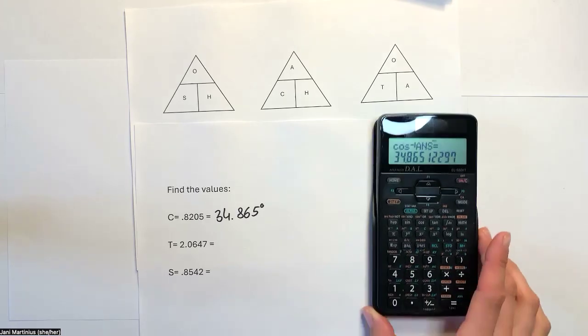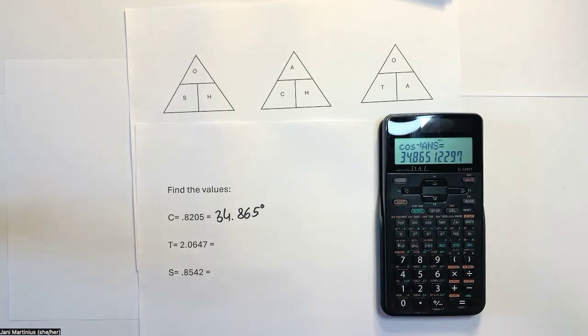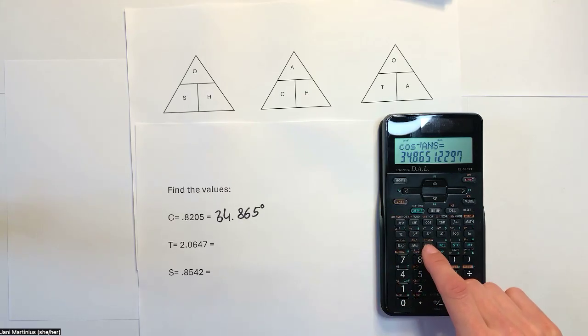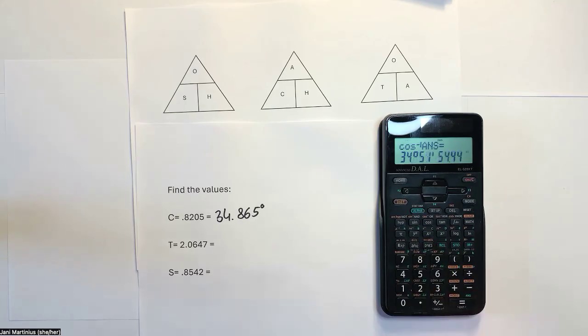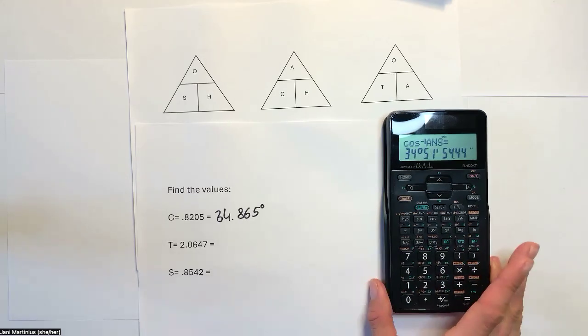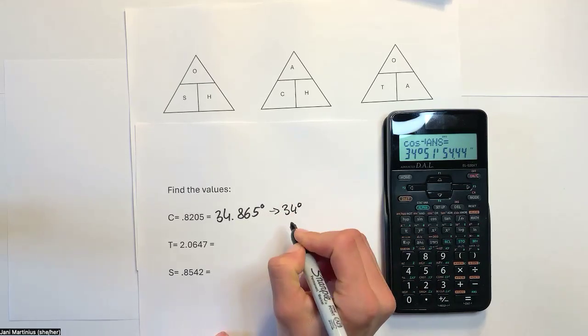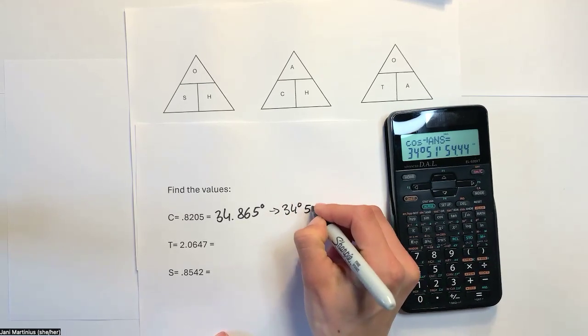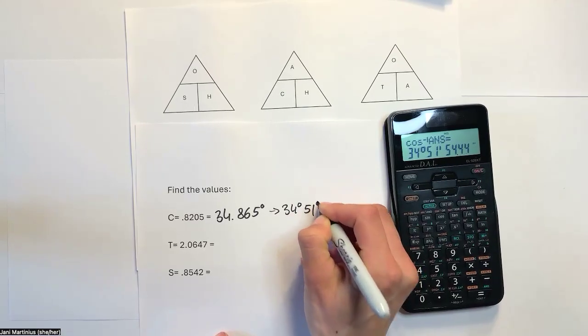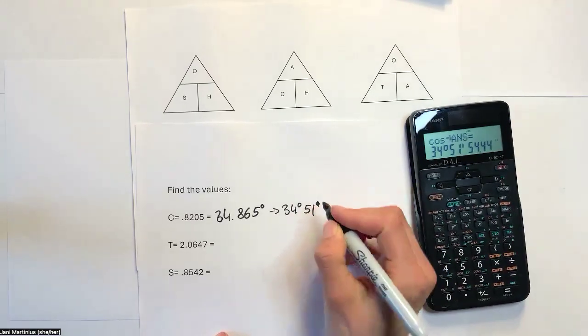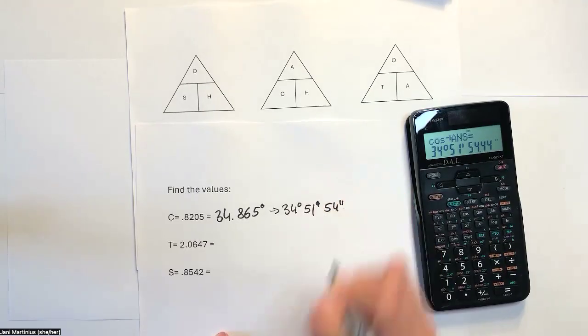So that's where you can punch in the angle with degrees, minutes, and seconds. And to take a decimal and turn it into that, I have to hit the second function and then the DMS button. You can see that it says DEG here for degrees. And that's what it gives me. So it gives us 34 degrees, 51 minutes, and 54 seconds.